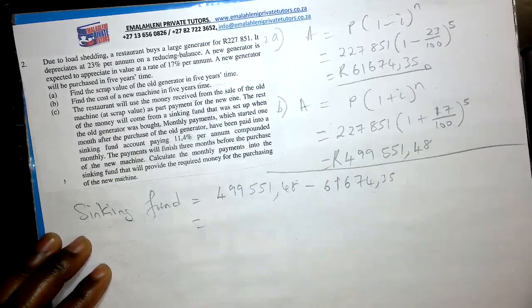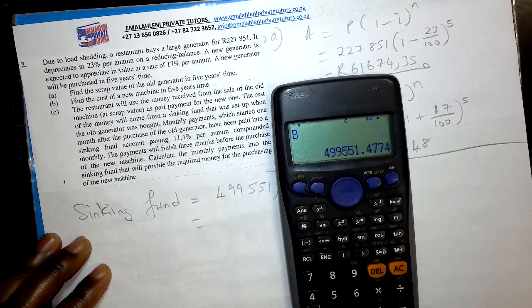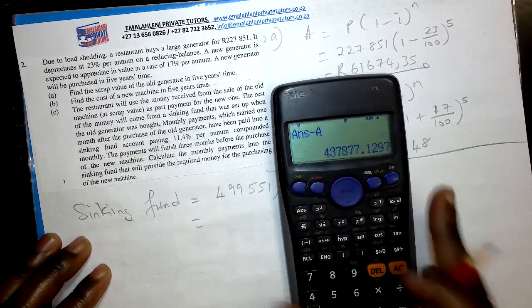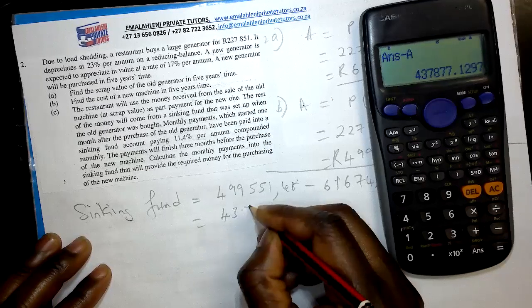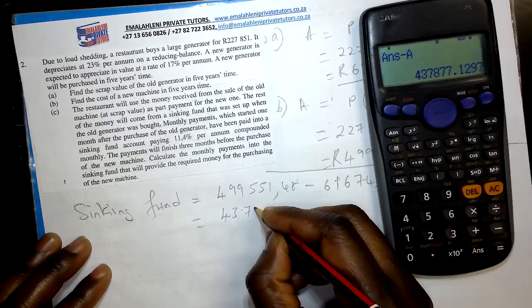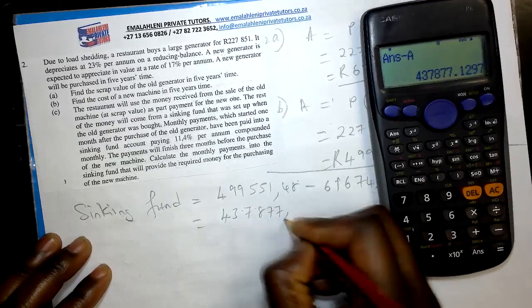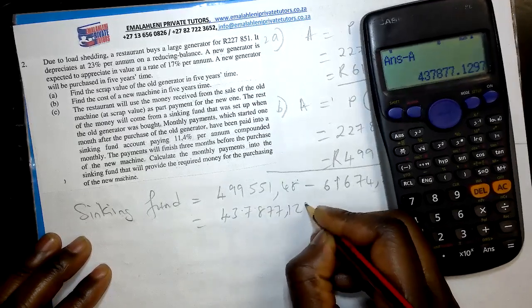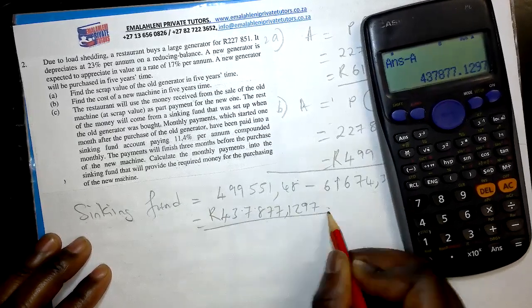Then we're going to say B, we can just recall B minus recall A. We get 437,877.1297. We want to keep it because we haven't reached the final answer.